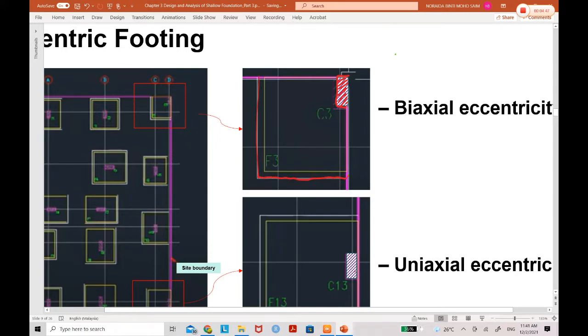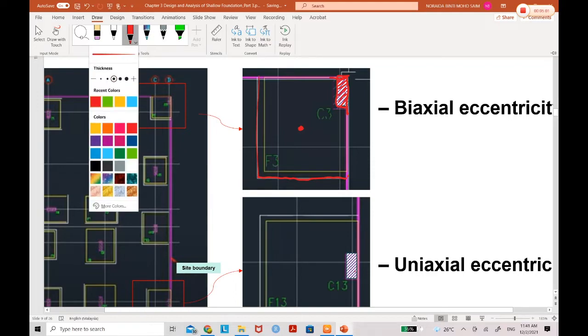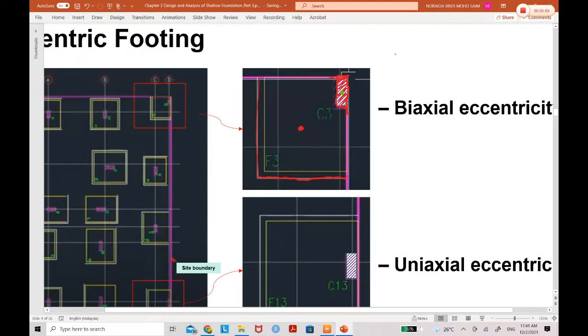The center of gravity for the footing should be in the middle of the footing here. But then we have the column at the corner side here, and the center of gravity for the column load is somewhere here. Now you can see that we have eccentricity in both directions, in the x direction and in the y direction. So this is an example of biaxial eccentricity in both the y-axis and x-axis.